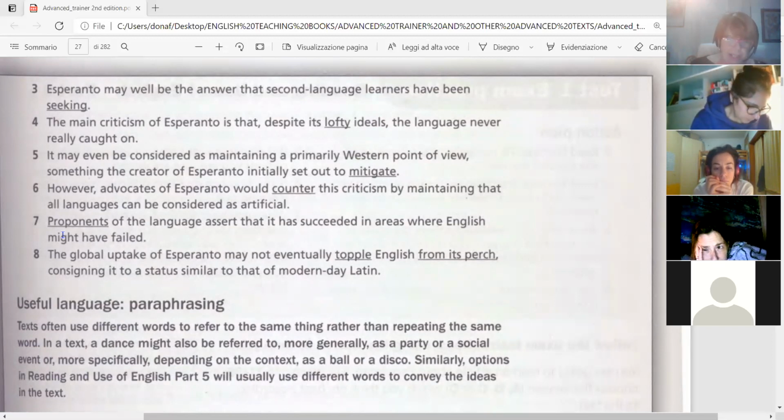In this context it makes it clear that the supporters of Esperanto would react negatively to the criticism made against it. So that could be the explanation of would counter the criticism.